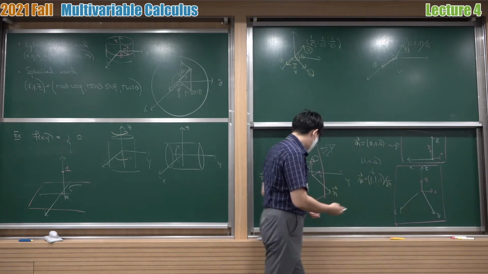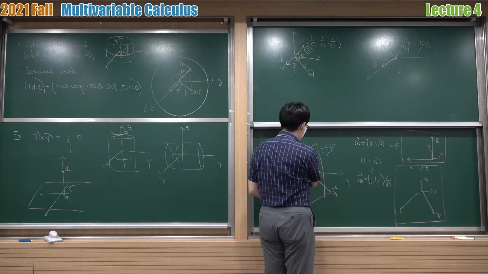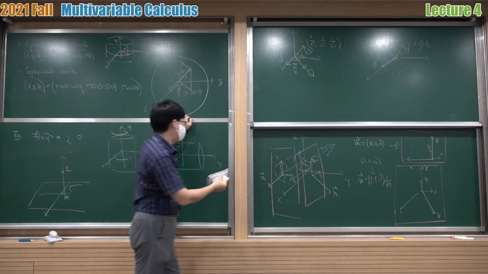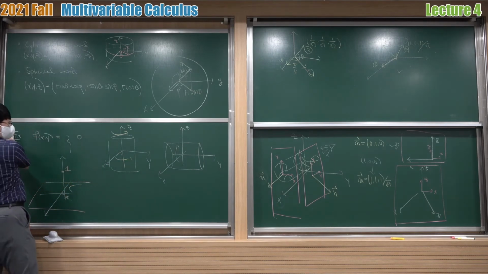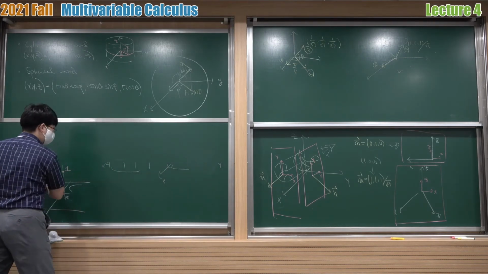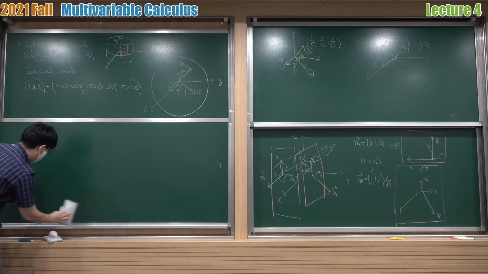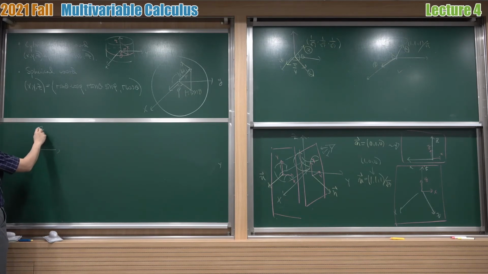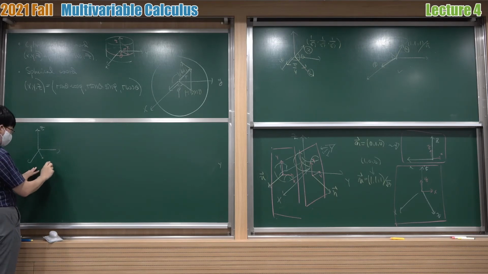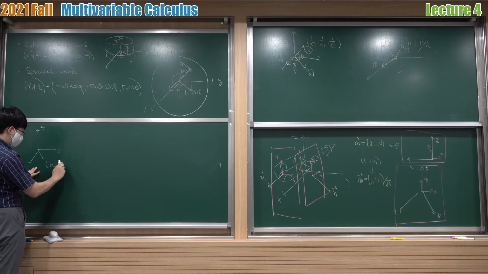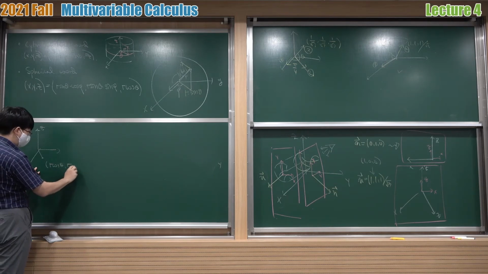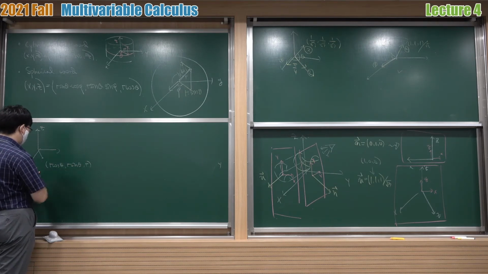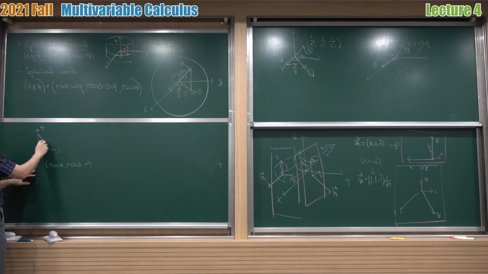So how do we transform a vector by rotation? Let me erase this. We have to think about the cylindrical coordinate again. For example, I'm taking a rotation about the z-axis, and here we have, let's say, r cosine theta, r sine theta, comma z. r is somewhere here, right?